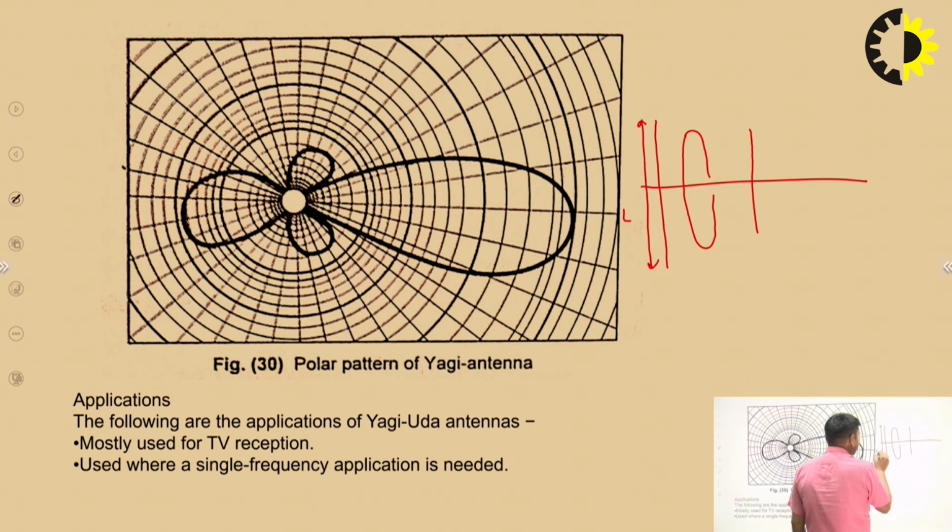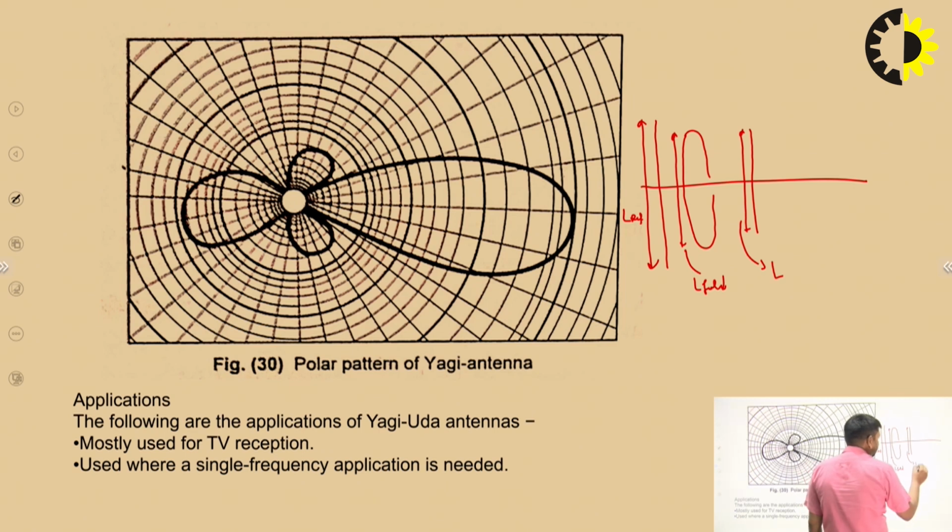We easily calculate the reflector length, L reflector, the folded dipole length, L folded dipole, and the length of the first director.